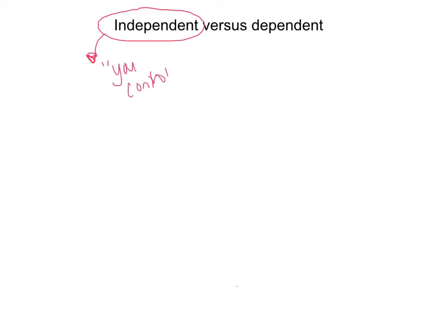So think, if you're independent, you're talking about yourself. What could you control within the situation? The dependent variable says it in its name. It's going to depend on whatever the independent variable is. So the independent is going to affect what's going on with the dependent variable.